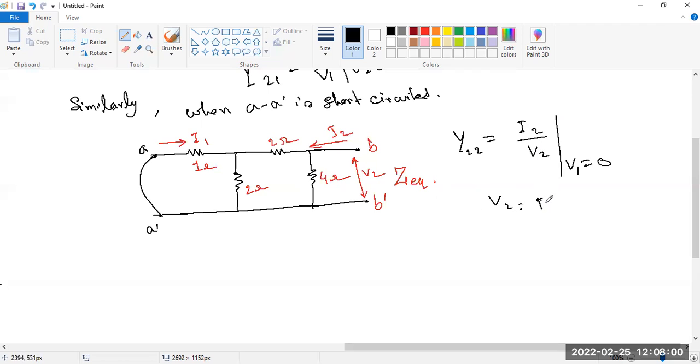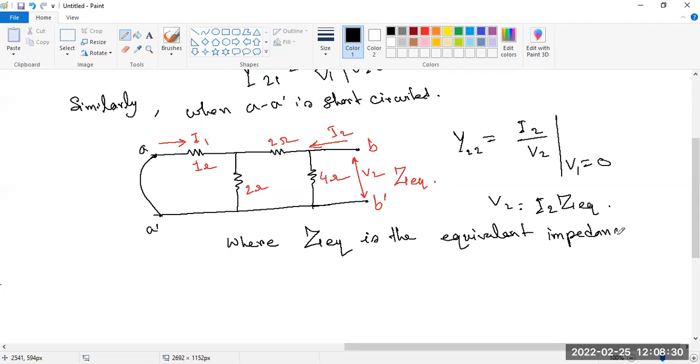So V2 is I2 into Z equivalent, where Z equivalent is equal to 8 by 5 ohm.